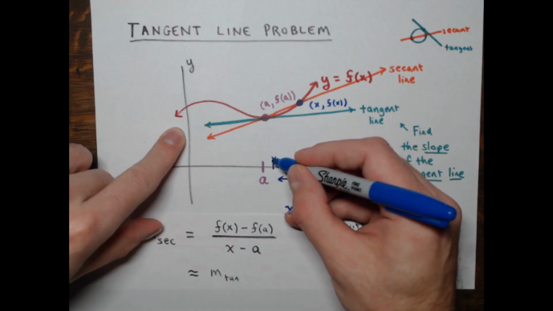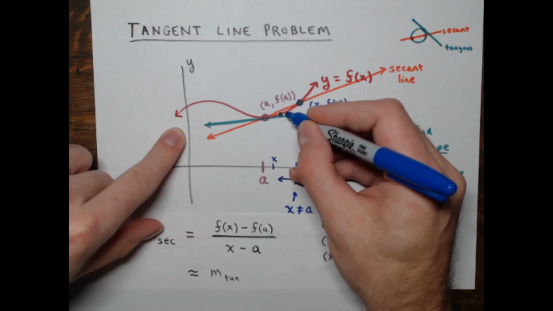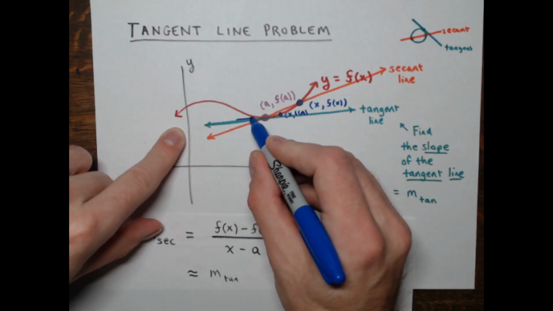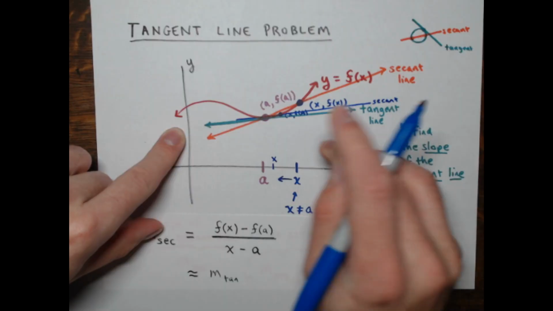Say my x was here instead, even closer to a. Well, then the (x, f(x)) point would be here, and my secant line would be a lot closer to the tangent line. There's another secant. Now this is getting a little cluttered.